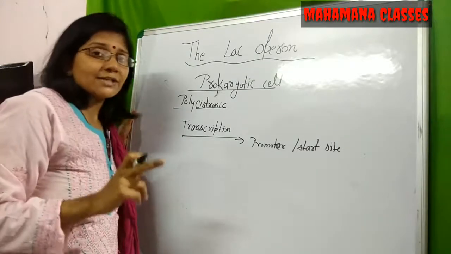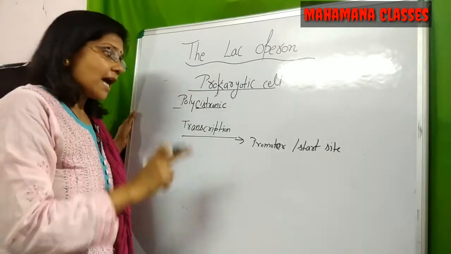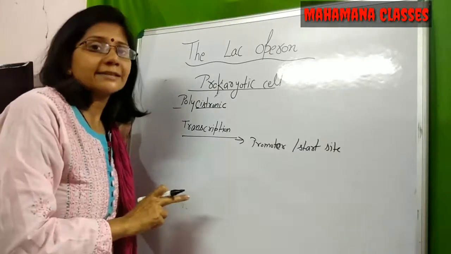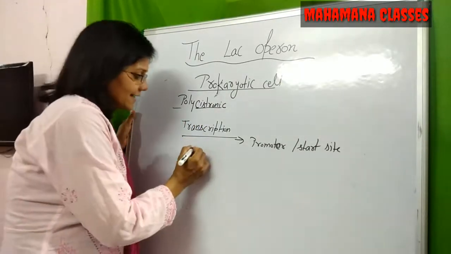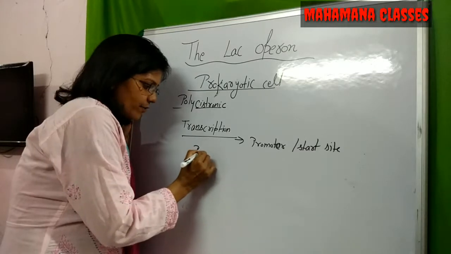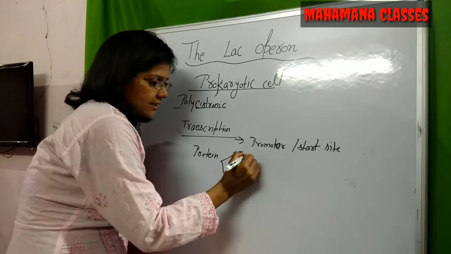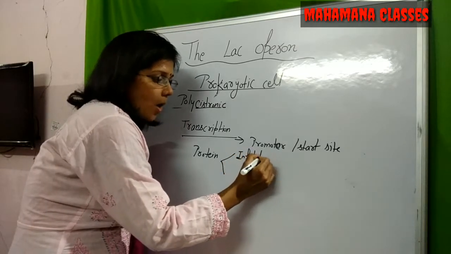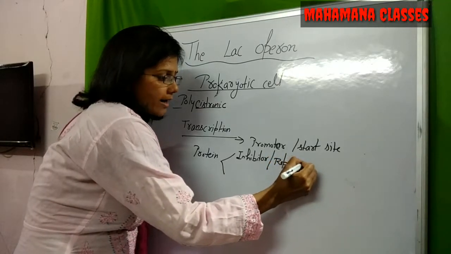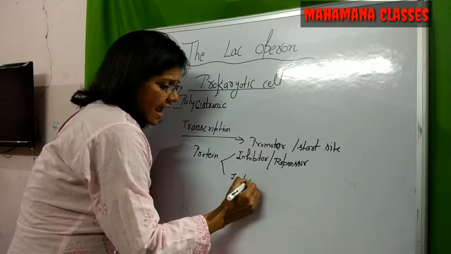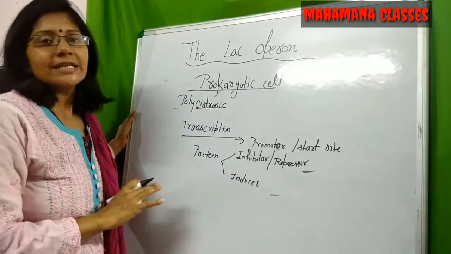Why is it important? Just to know how gene expression regulation is done in the prokaryotic cell. It is done at the transcriptional level, by a special type of proteins which can be inhibitor or repressor or inducer type, and by this action they regulate gene expression.